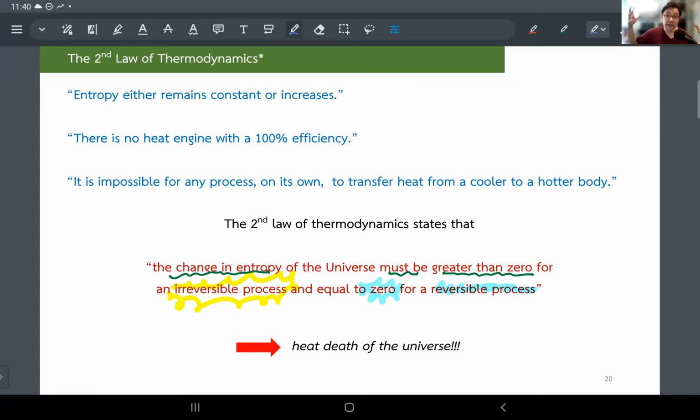You can think of the universe as the real universe or a universe in terms of thermodynamics. It's just system plus environment. No matter what you do, if you take into account the change of the entropy everywhere in the universe, the best that it can do is 0 change. There won't be any negative change for the whole universe.